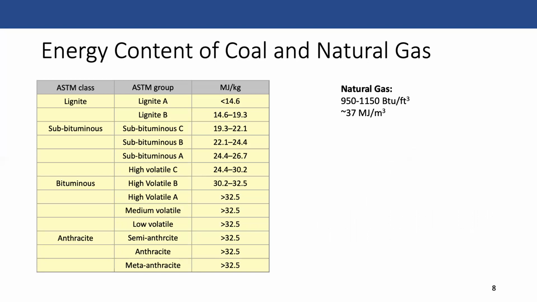And so depending on the chemical composition, the energy density and energy content of coal can be pretty different. And even for natural gas, because of the impurities associated with it, you could have a range of energy content.